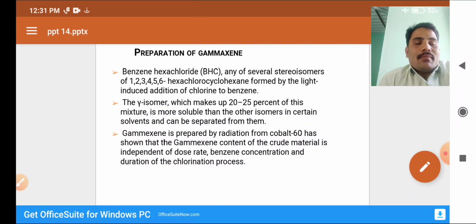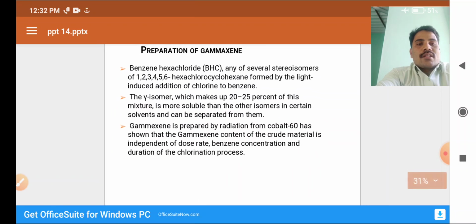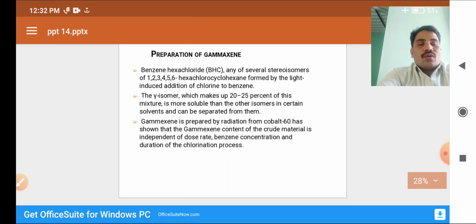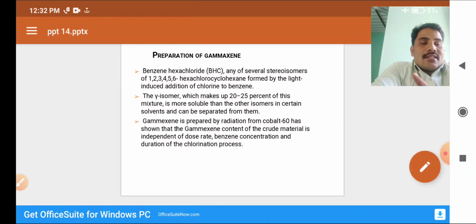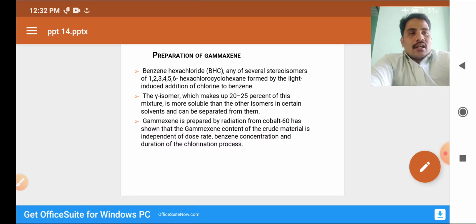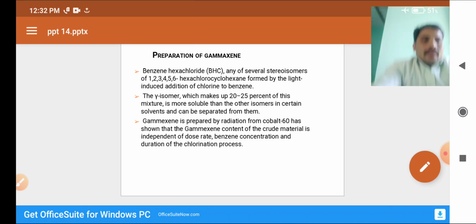The gamaxin content of the crude material is independent of dose rate, benzene concentration and duration of the chlorination process. The concentration of benzene is also important: whenever the concentration increases, the rate of reaction also increases with respect to the reactant.